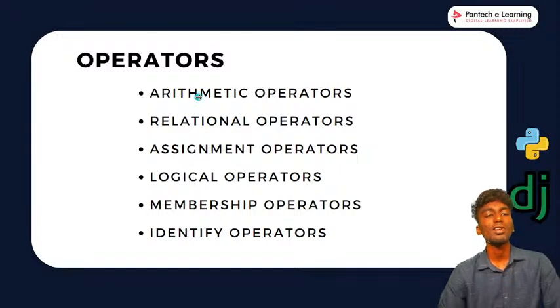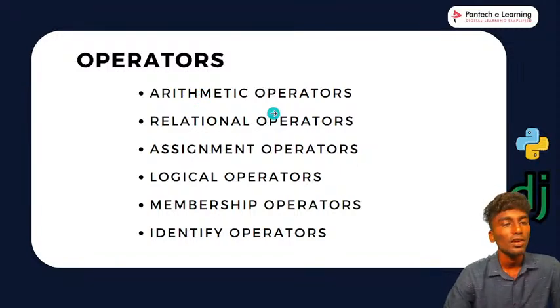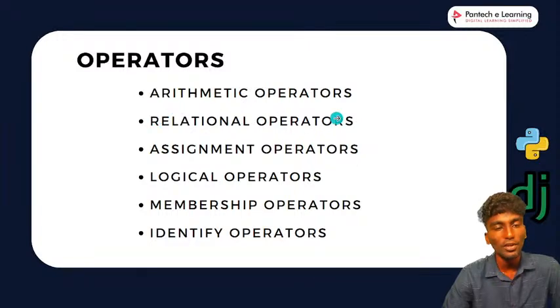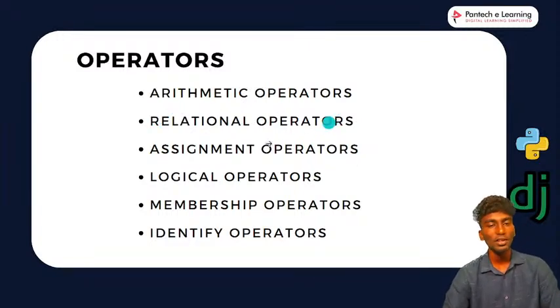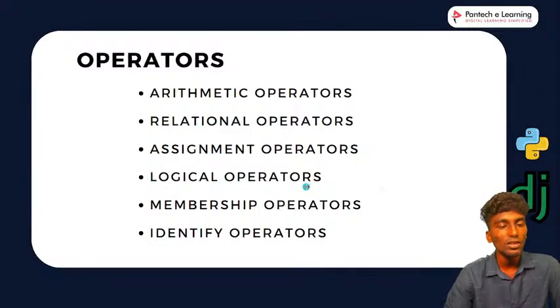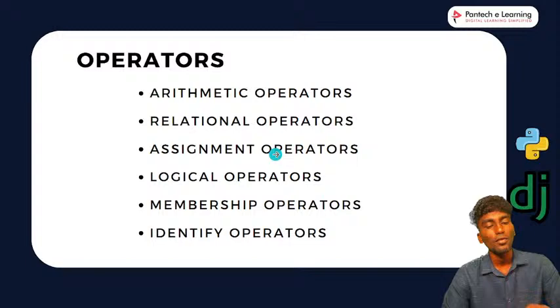First one is the arithmetic operator, second is relational operators, third is assignment operator, fourth is logical operator, and fifth is membership operator and identity operator. These are the operators we use in Python.